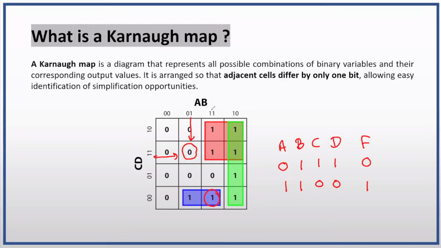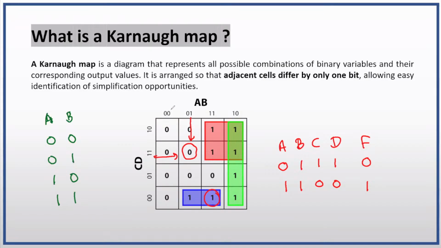In a truth table, if there are two inputs, we start from 0 0, 0 1, 1 0, and 1 1.